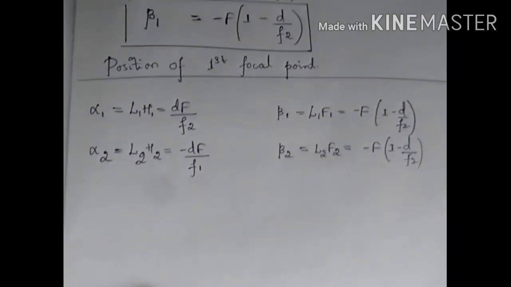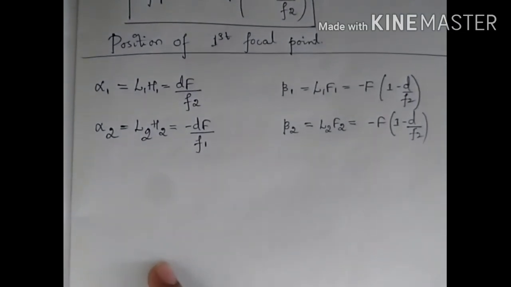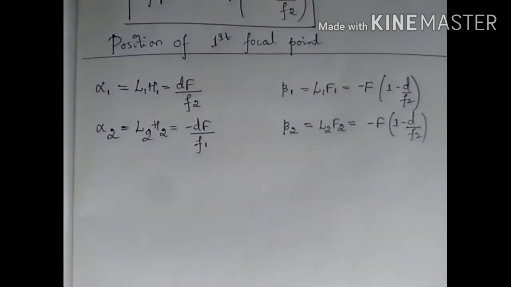So you have 4 points, alpha 1, alpha 2, beta 1 and beta 2.